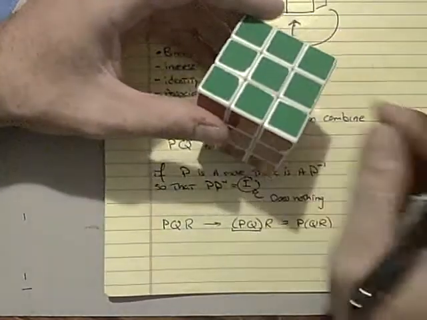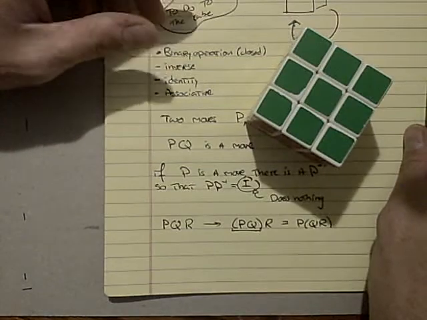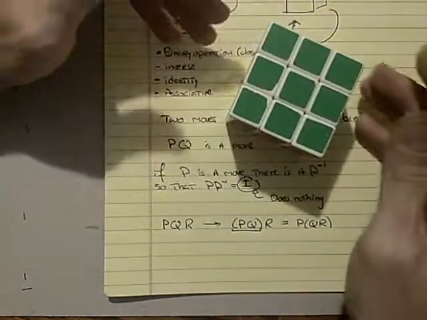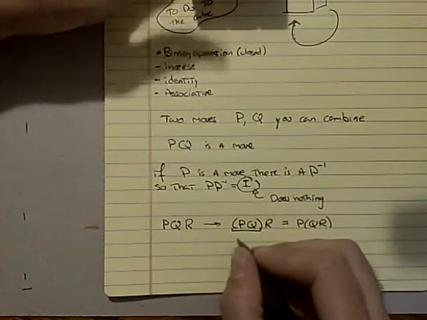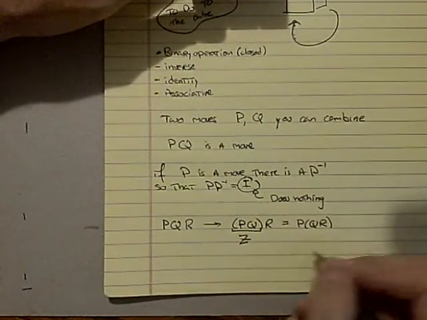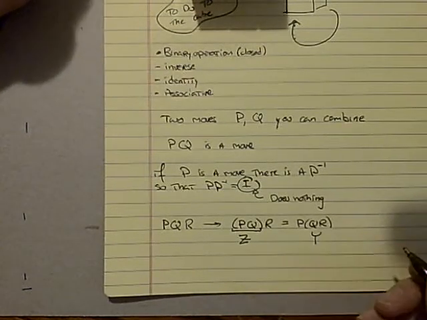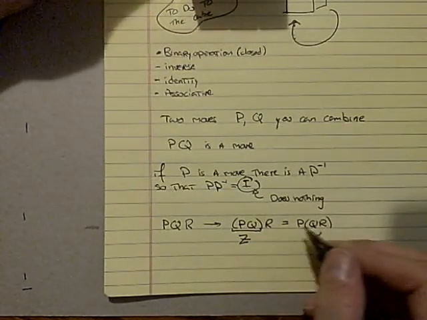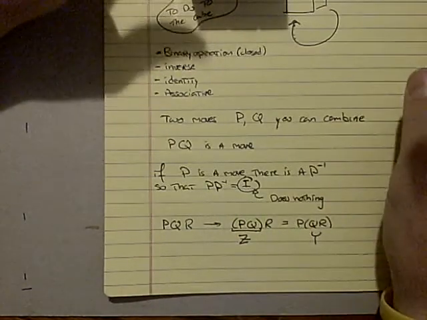There are equivalent moves in the cube group, things that do the same thing, that some might be longer than others. So you could replace PQ with some other move Z, and that would be the same as replacing QR with some move Y if they do the same thing. And then ZR and PY would be the same. So it's not terribly important for what we're doing.